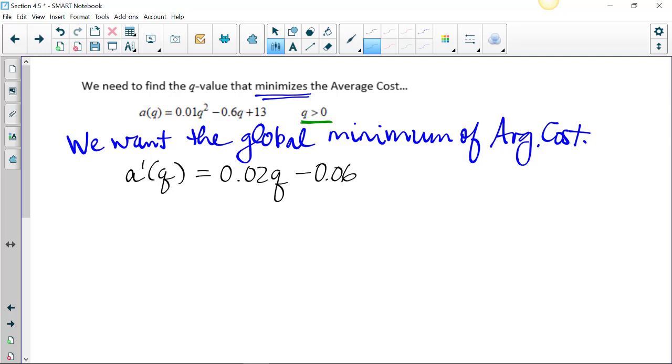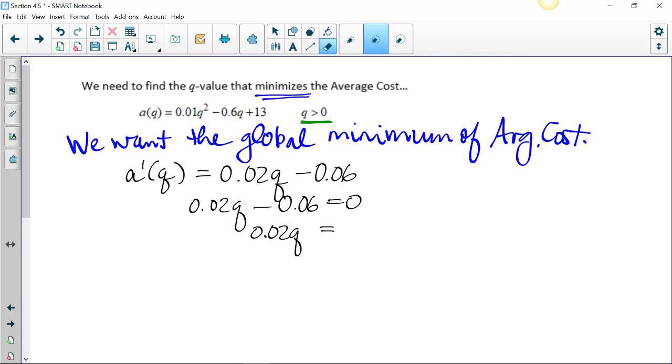So to find the minimum, it is where our derivative is equal to 0. So we're going to set that derivative equal to 0 and solve for q. Better fix this 0.6.